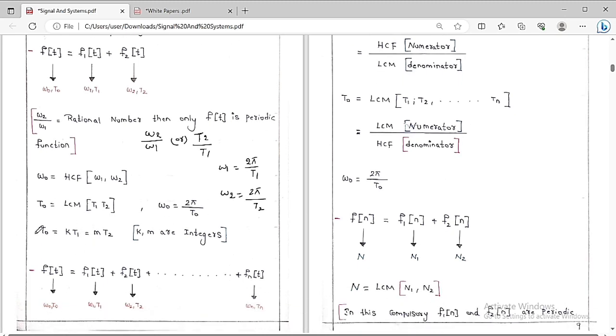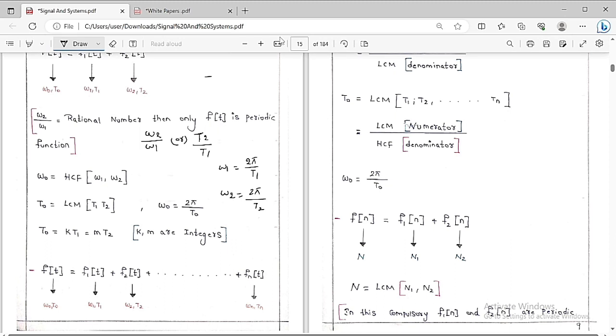So I want to tell you a very simple thing. Suppose I got t2 by t1 as 3 by 5.